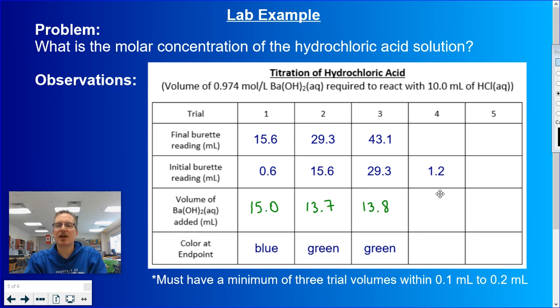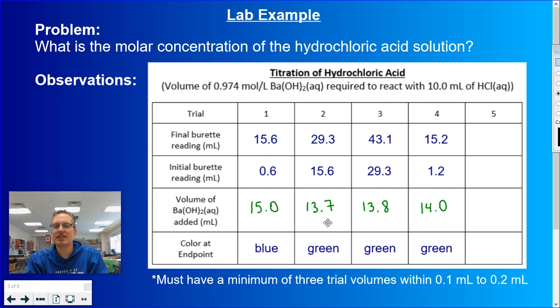So when we start trial 4, my initial reading is going to be 1.2 milliliters. Again, I'm going to turn on the burette, stop it at a one drop color change. So we're going to be at green again. It stops at 15.2. My difference here is going to be 14.0.